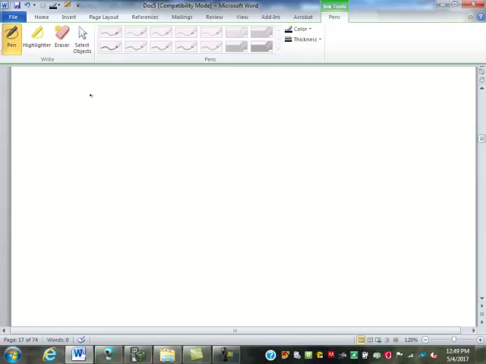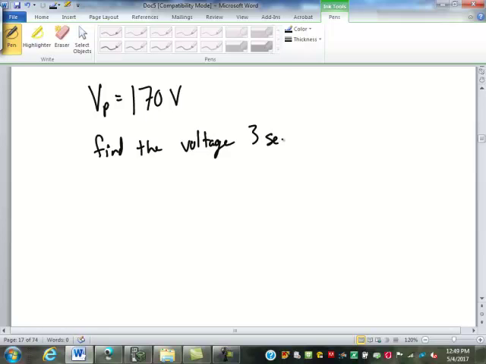So examples. If V peak equals 170 volts, find the voltage 3 seconds after the start of a cycle.